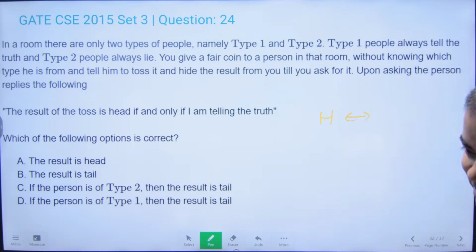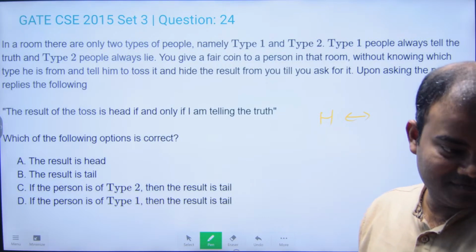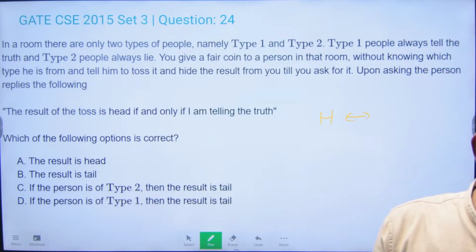How are you trying to solve? Is it MCQ or multiple correct? Multiple may be correct.